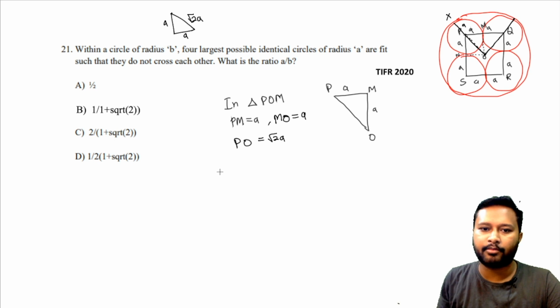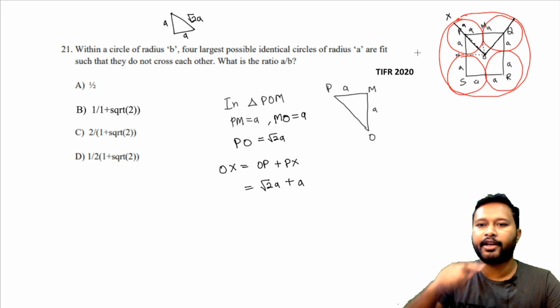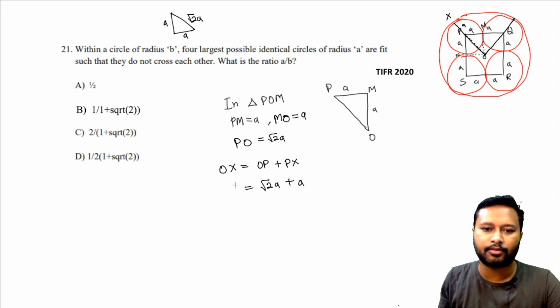So OX, the length from O to X, is equal to OP plus PX. Now OP I already know is root 2 A, and the value of PX is nothing but the radius of the smaller circle, which is small a. So OX is the radius of the bigger circle, and that is equal to small b.